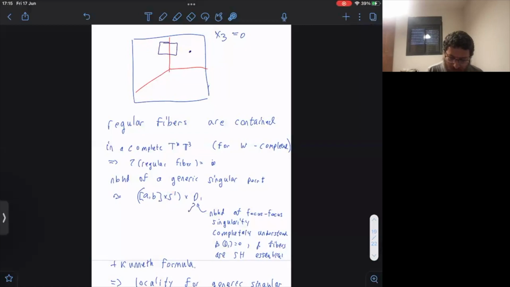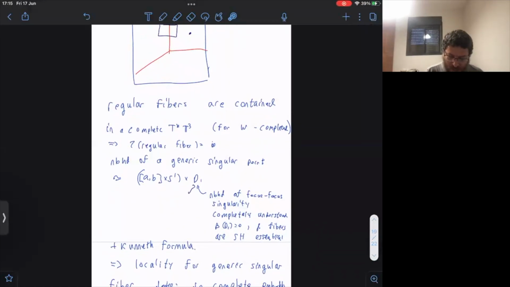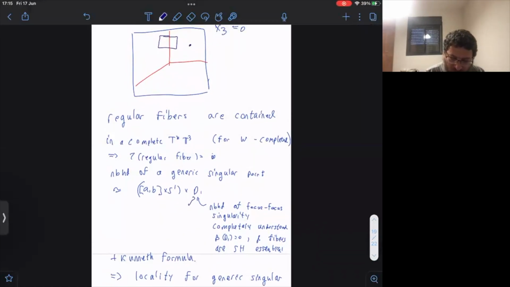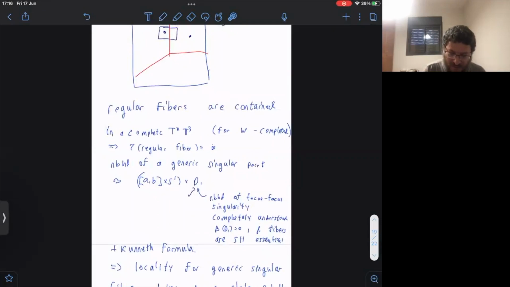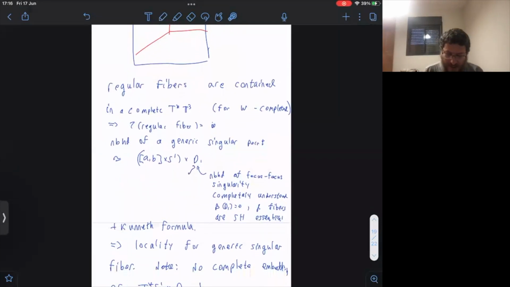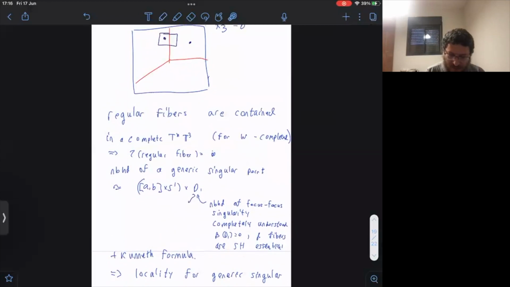So combining this with the Künneth formula, we can deduce that the restriction from this domain to some fiber here is also injective, when you consider it relative to the intrinsic setting. And therefore, since we know that the torus fibers have tau equal to infinity, these domains also have tau equal to infinity.